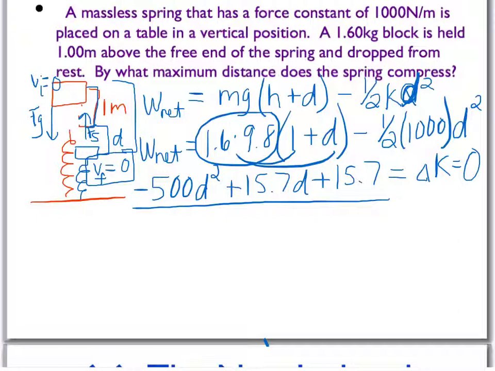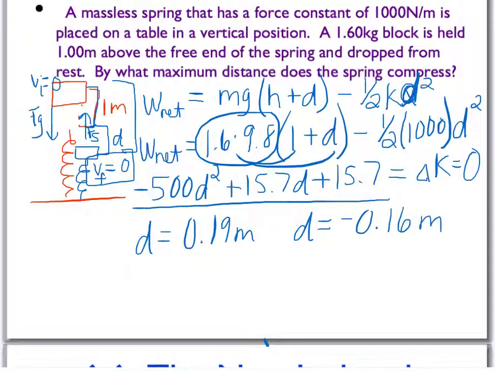Go ahead, pause the video, plug it into your calculator, solve for that. What you find is that you get two values of d. You'd find that d could be equal to 0.19 meters, and our second value, when we plug this into the quadratic equation, is a d value of negative 0.16 meters.